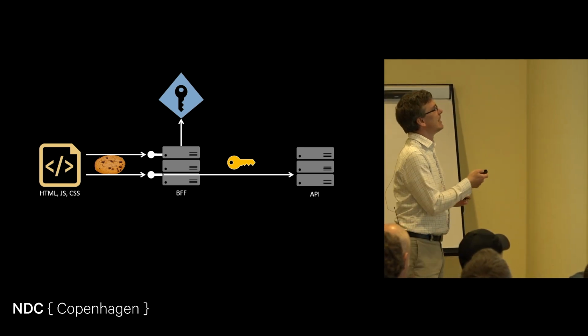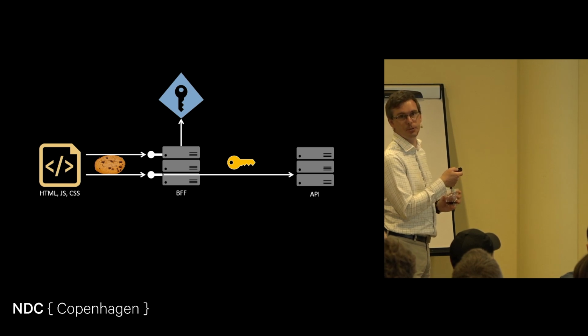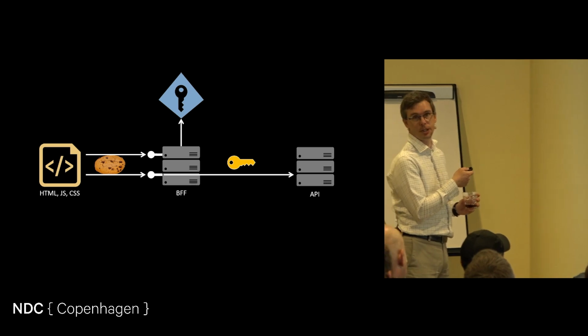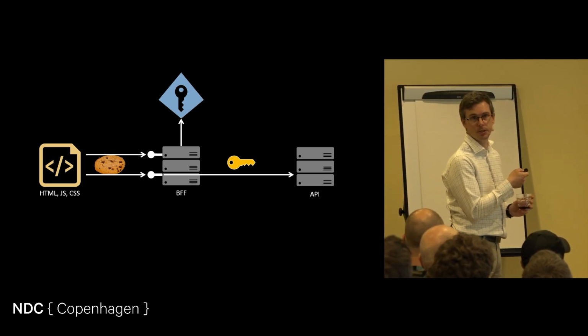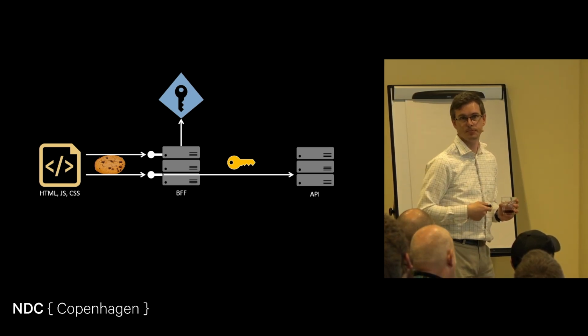So the short answer is that they are in the cookie, and the cookie is encrypted with data protection and a key that is only available to the BFF. So even if it's in the cookie, there is no way for the browser to read it and use it. And besides, the cookie is also HTTP only, so any evil JavaScript will not be able to read the cookie.